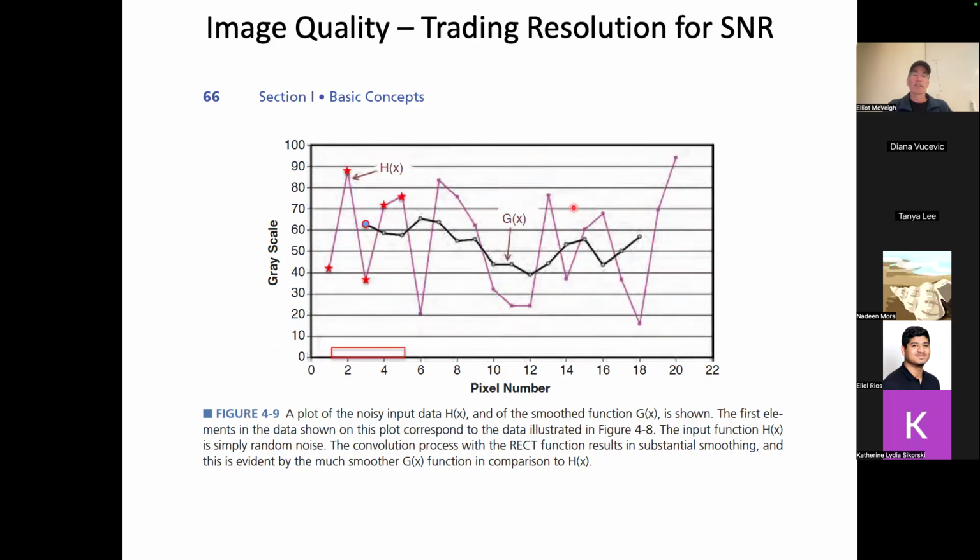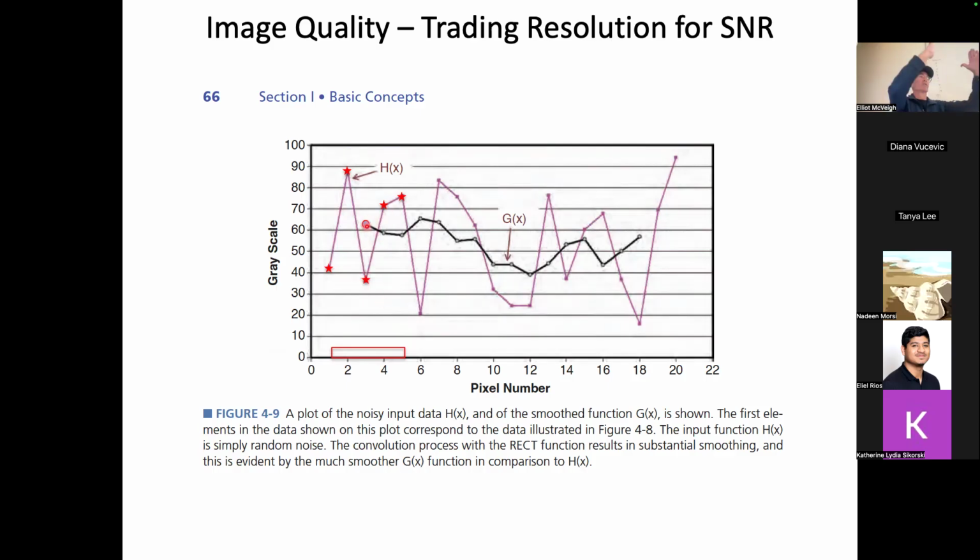To reduce the randomness, let's take a look at this point, and we'll take 1, 2, 3, 4, 5 pixels in a line. It's centered on the third one, and I average those together and come up with a new value for this point. So instead of this value, I now have this value, the average of that point plus these two and these two.